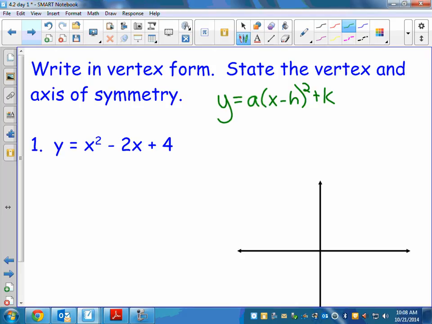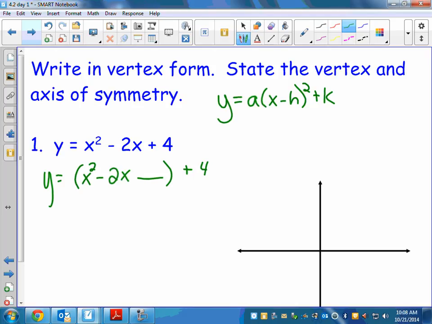Normally when we complete the square, we subtract this over to the other side. I can't do that in this problem because y is over there. I need to keep y by itself. So on these problems, when you complete the square, I always just group these together and leave a spot to complete the square and kick that plus 4 out to the end.